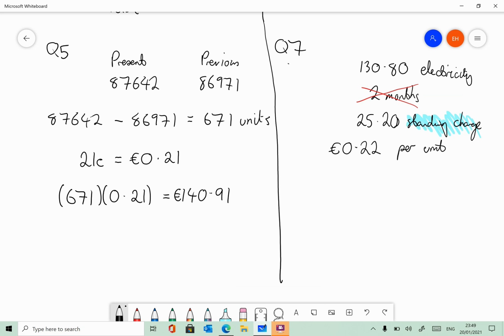So if we want to work out the amount of electricity she used, we need to subtract that from the amount of money she gave the electricity provider. So we go 130.80 minus 25.20, which is 105.60.